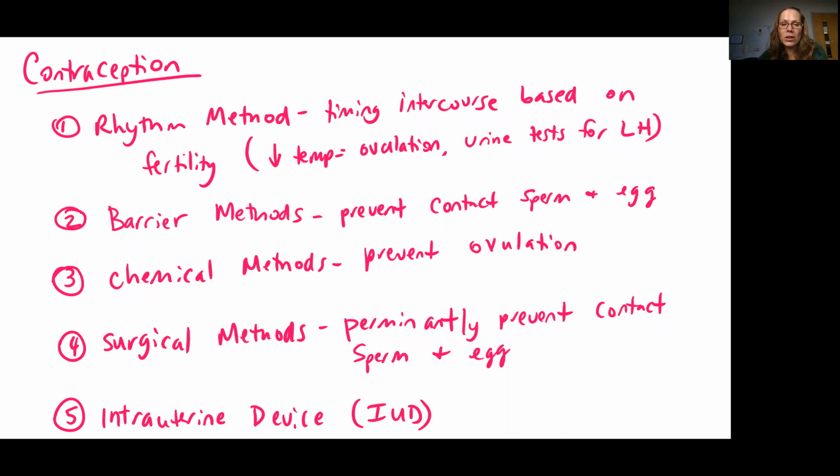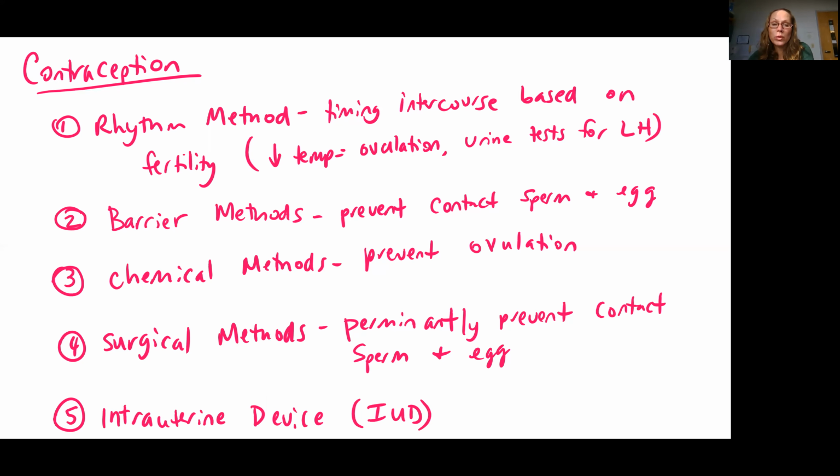Contraception is referring to control of fertility or pregnancy, and there are several different contraception methods. They're not detailed in a lot of detail in our textbook, so just kind of a broad overview. One method is described as the rhythm method, and this is where you time intercourse based on fertility.